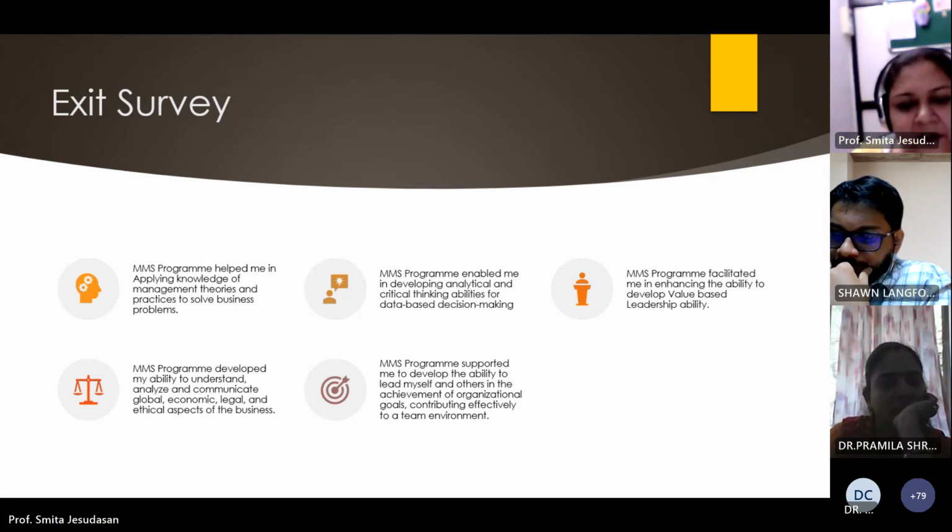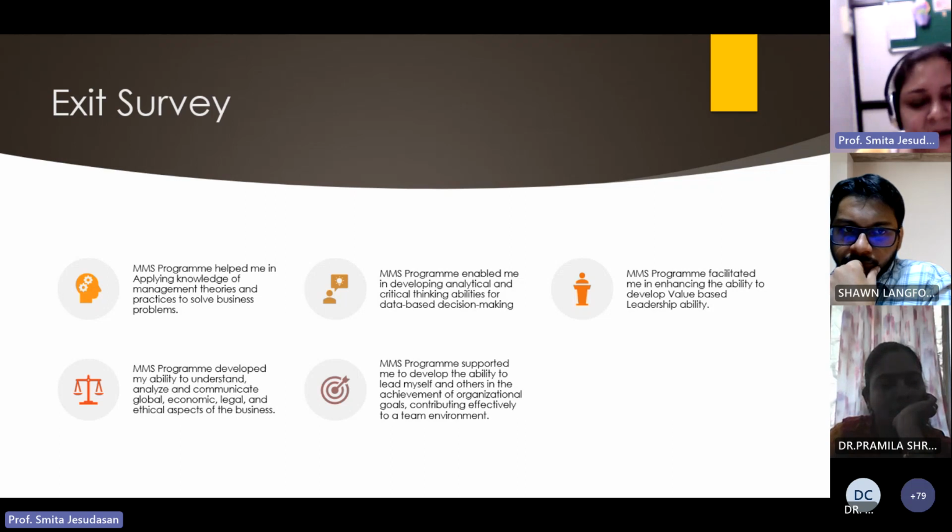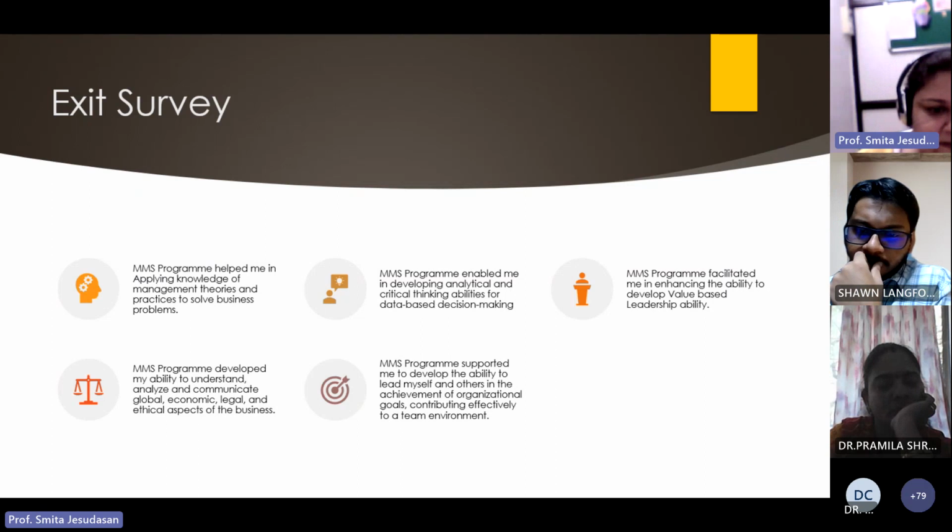And now, when you frame your exit survey questions, again, take into consideration the Likert scale. Either you can use a 3-point scale or you can use a 5-point scale. Now, when you take the exit survey, this is directly linked to the program outcomes.